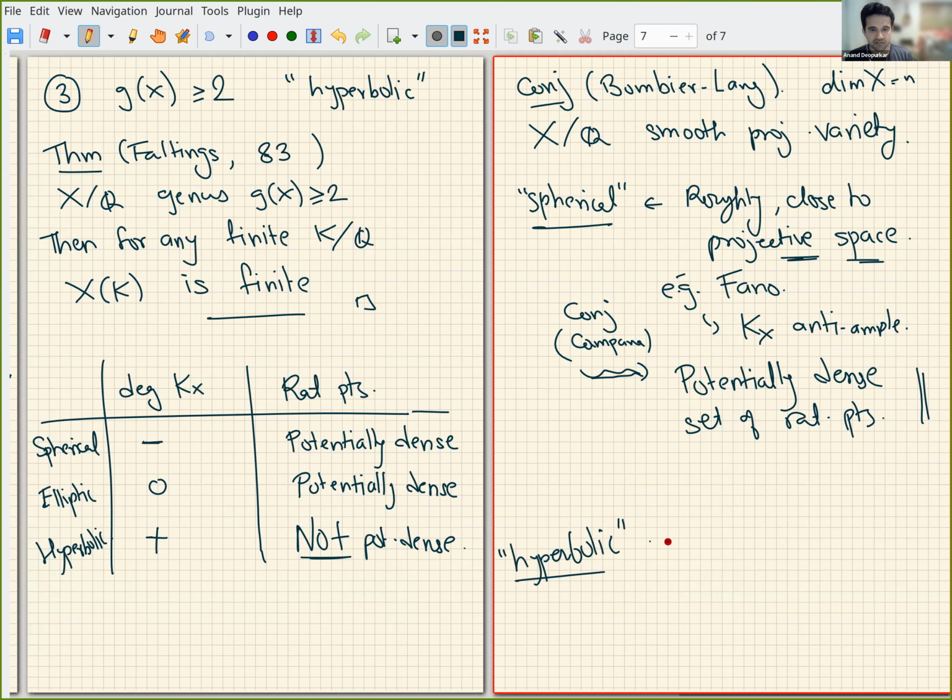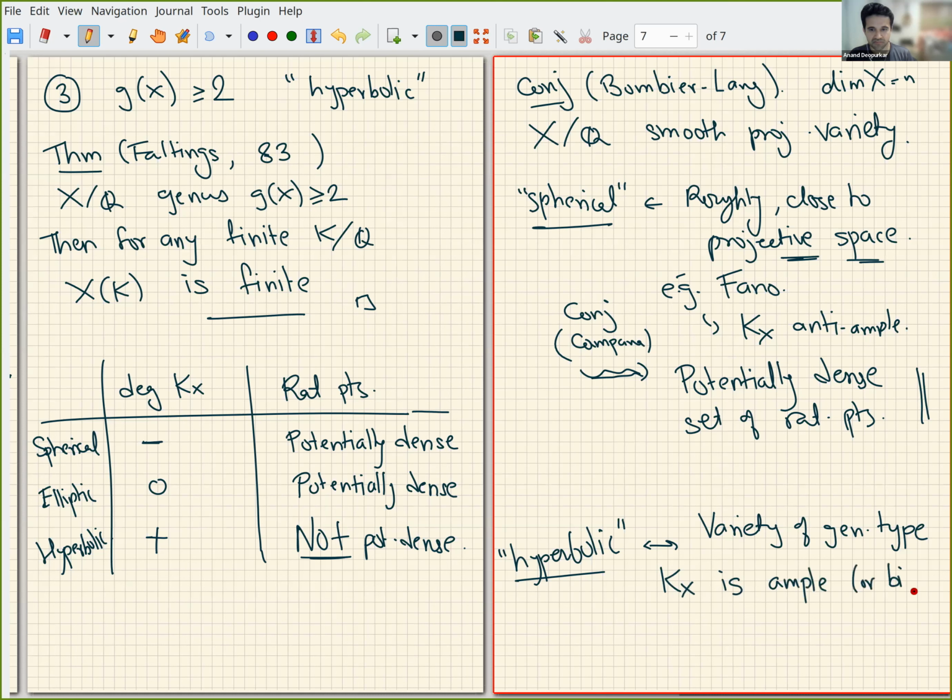is what's called a variety of general type. And that's the analog of this positivity of the canonical bundle. So this means that the canonical bundle is close to being ample. Okay, so let me write ample here.